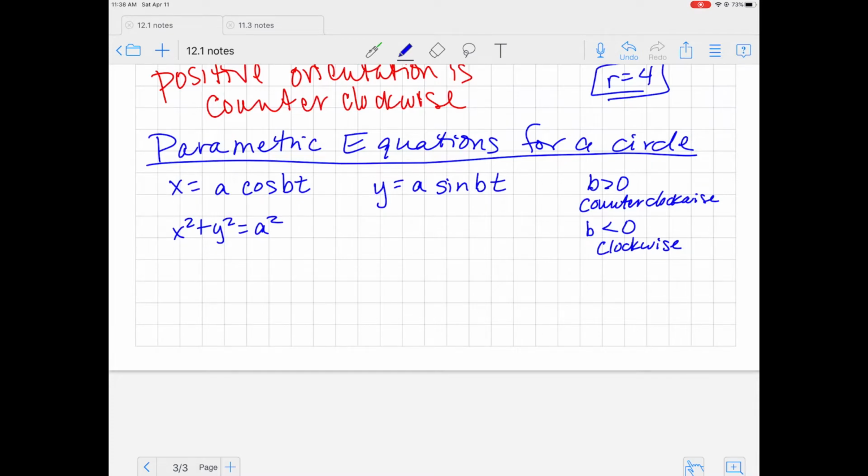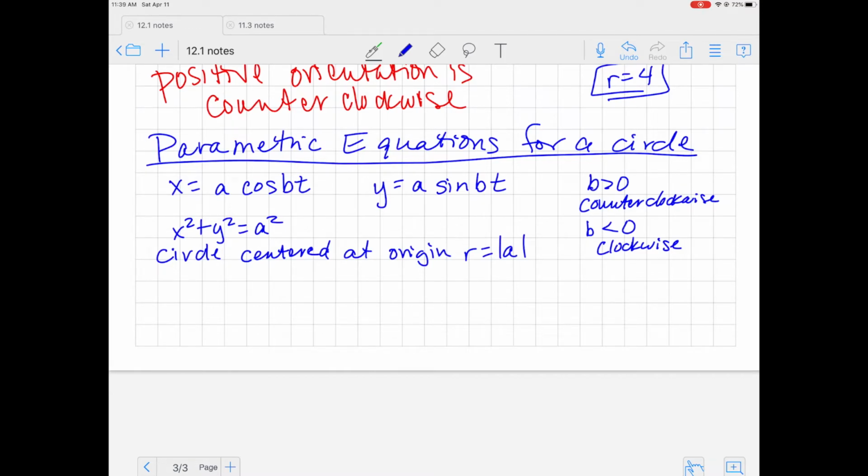This is a circle centered at the origin, where r is equal to the absolute value of a. So that's that radius that we were talking about. So this a in front here is going to be my radius. So this is centered at the origin.